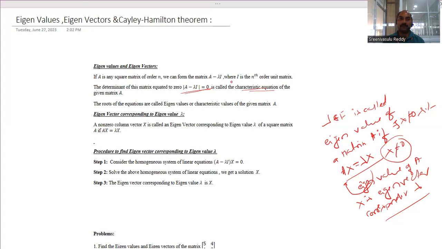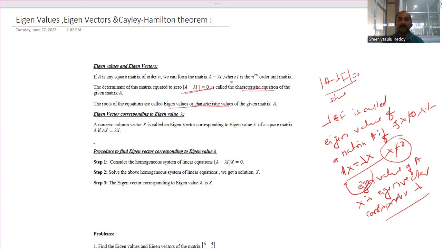The roots of this equation are called characteristic values or eigenvalues of the given matrix A. This is the basic definition. So whenever we want to find eigenvalues, immediately you form A minus lambda I, set its determinant equal to 0, and solve this equation. We get the eigenvalues. This is the procedure to find eigenvalues of the given matrix.